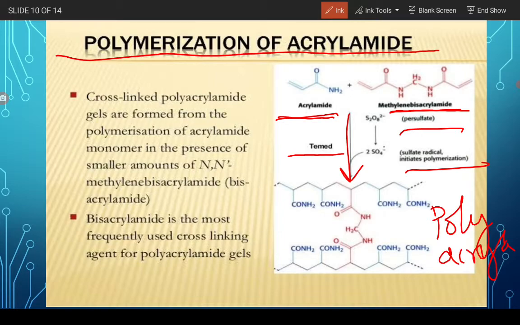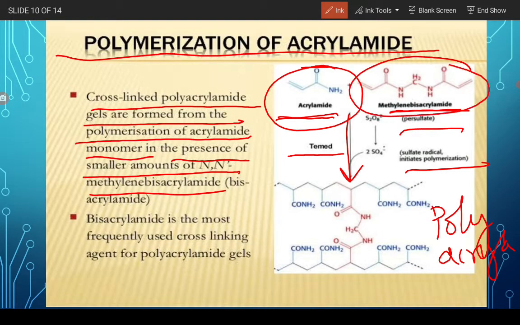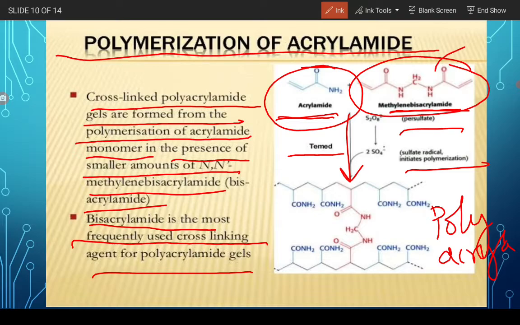Cross-linked polyacrylamide gels are formed from the polymerization of acrylamide monomer in the presence of a small amount of N,N-methylene bisacrylamide. Bisacrylamide is the most frequently used cross-linking agent for polyacrylamide gel. This is the cross-linking agent, and this is the structure of the polyacrylamide gel.